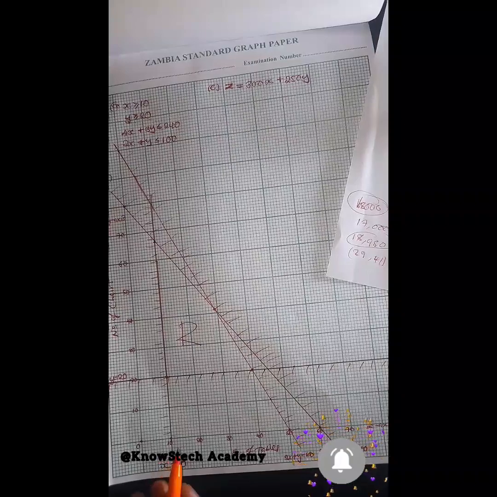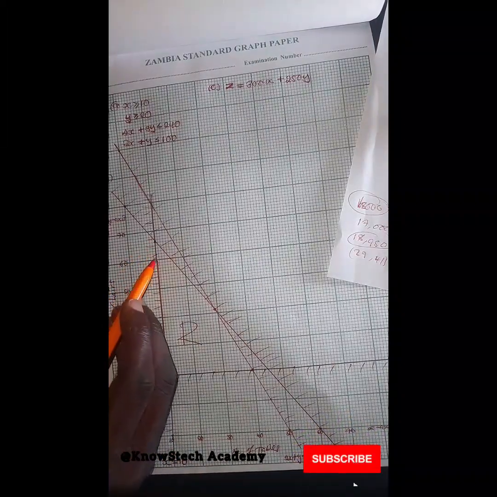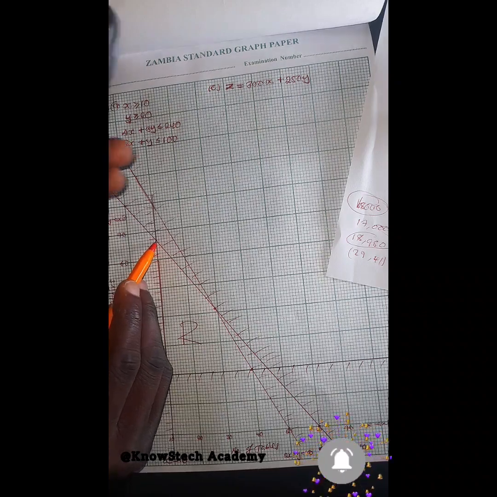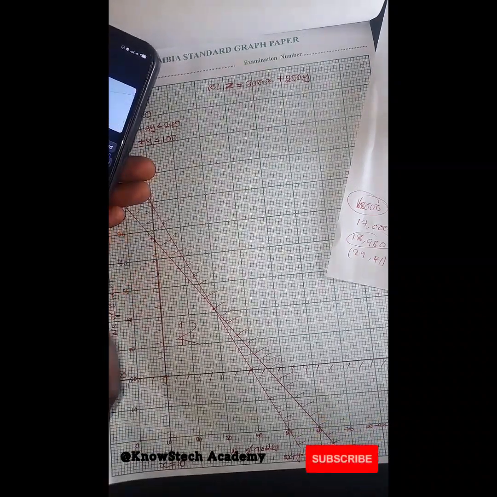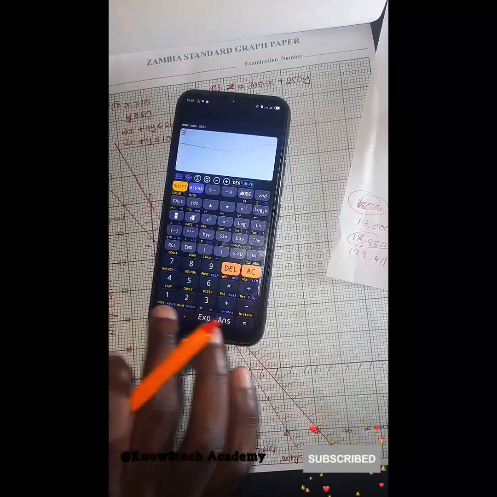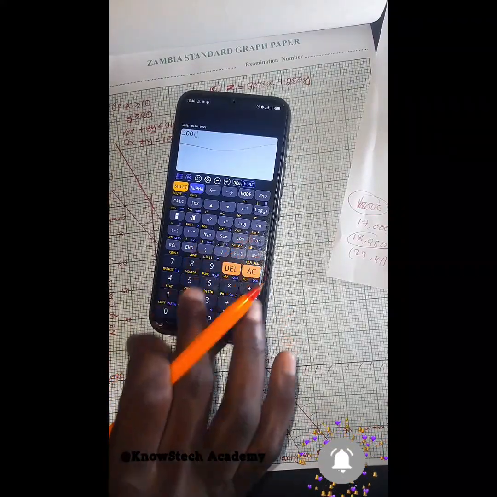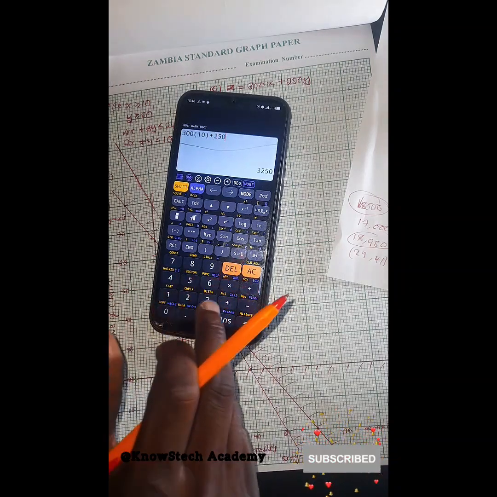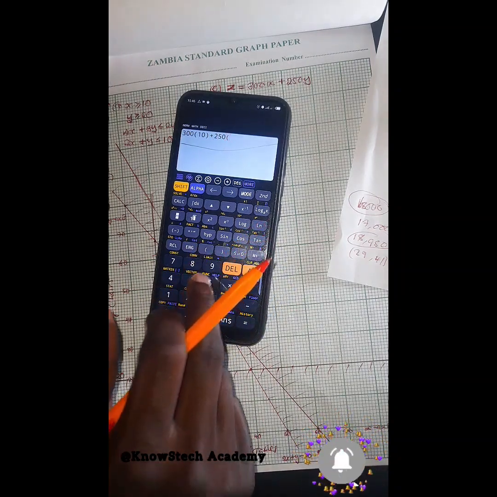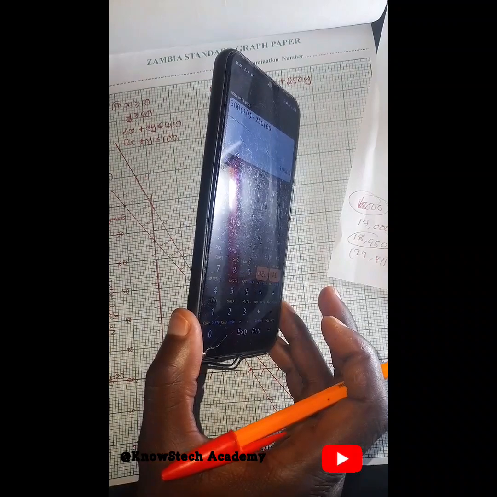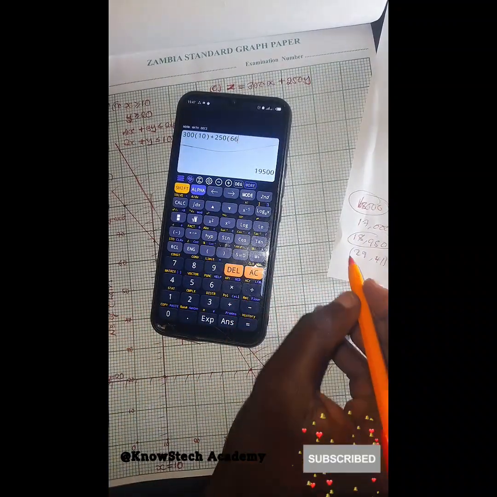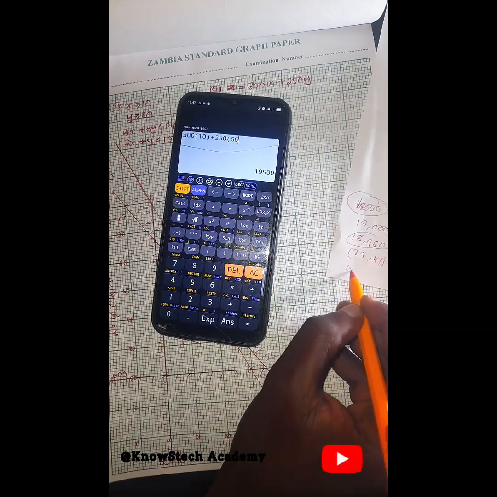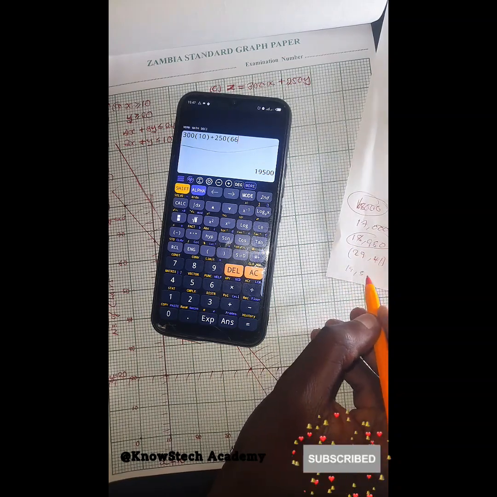This one is 10, 60, 61, 62, 63, 64, 65, 66. So 300 multiplied by 10 plus 250 multiplied by 66 gives 19,500.